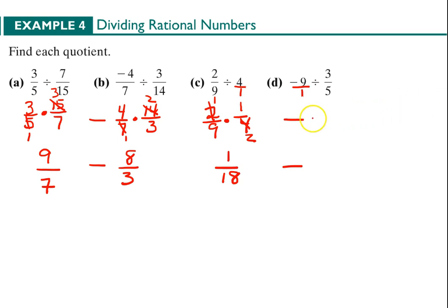Trying to speed this up a little bit here. So this becomes 9 now, over 1, times 5/3. Flipping that, 3 goes into there once, 3 goes into there 3 times, so a -15.